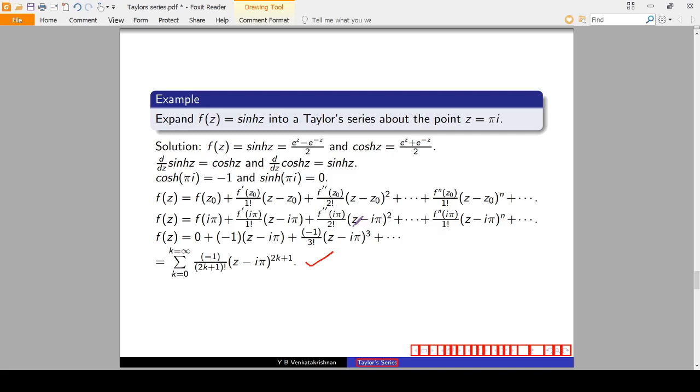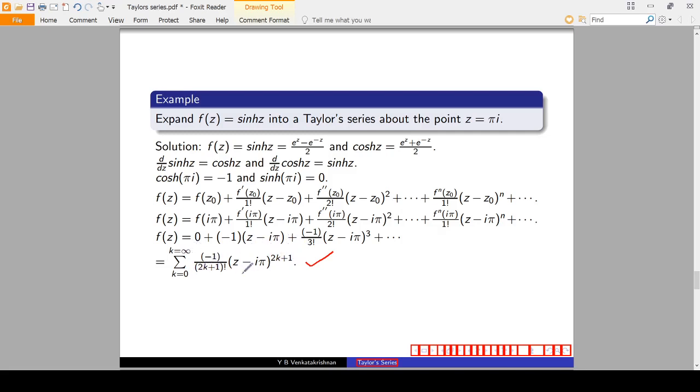You can see here (z minus iπ) squared is missing, (z minus iπ) power 4 is missing, or in other words (z minus iπ) power n, where n is even, is missing. So in order to get only the odd powers of z minus iπ, I have made the index run from 0 to infinity, and I have replaced n with 2k plus 1, which is the representation of an odd number when k is greater than or equal to 0.